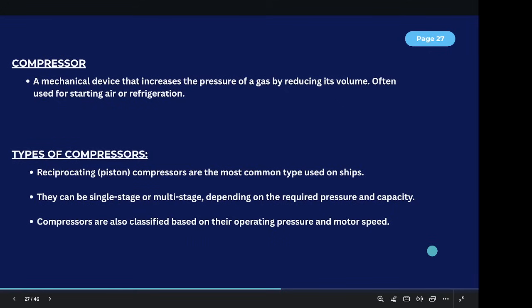So it is often used for starting air or refrigerations. So these are primarily used for starting the main and auxiliary engines, but also power the other system and tools.